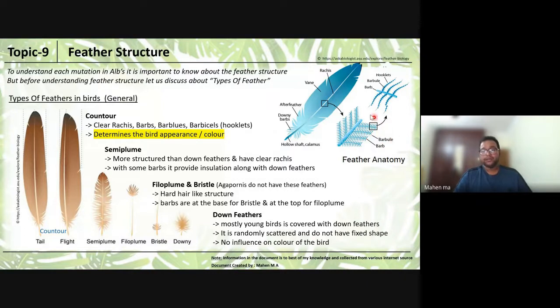And further when you look deep into the barbules, you can see something called hooklets. So the extension of the rachis is called barbs, the extension of barbs is called barbules, and the extension of barbules is called hooklets. So this is the basic structure of a feather.